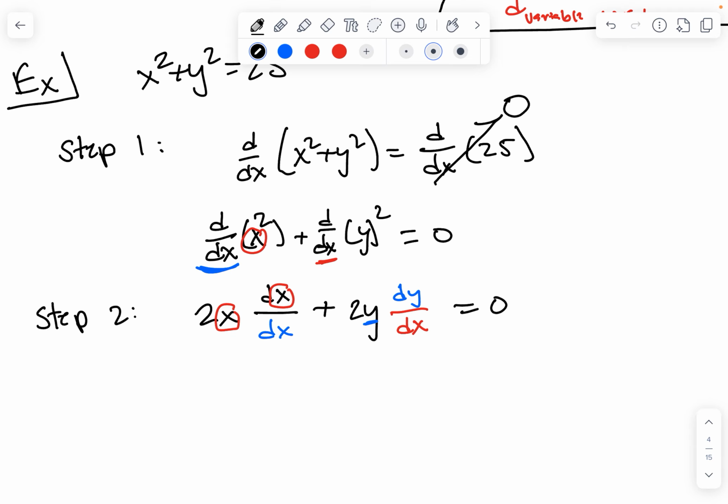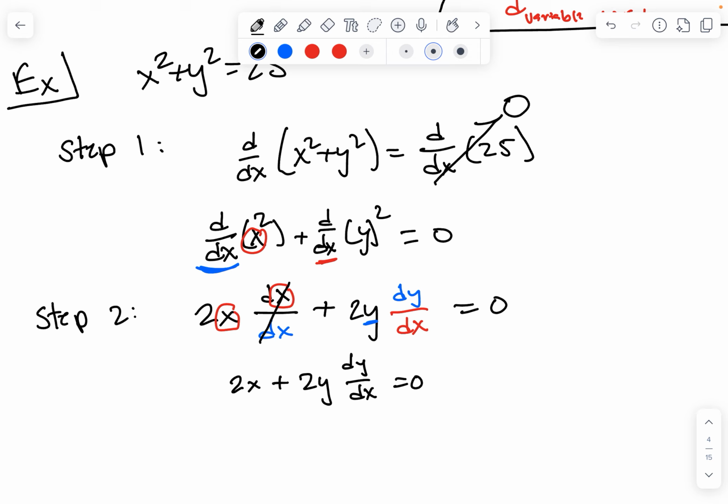Now we can see dx over dx here just cancels out. So we can rewrite this as 2x plus 2y dy dx is equal to 0.